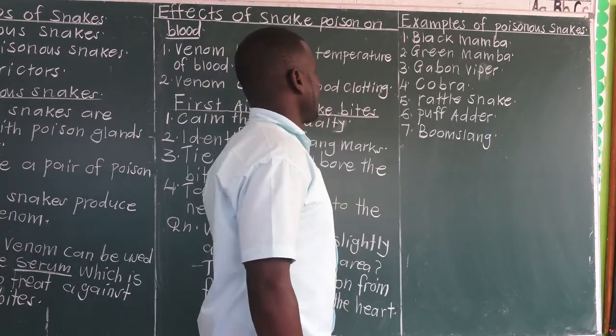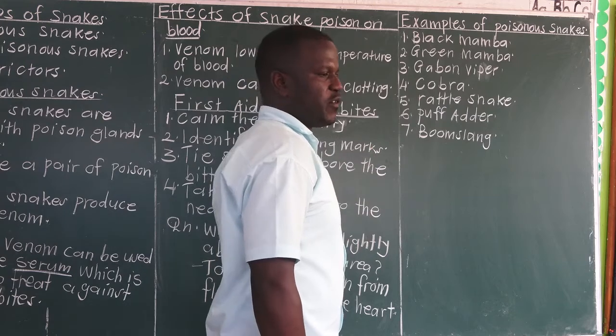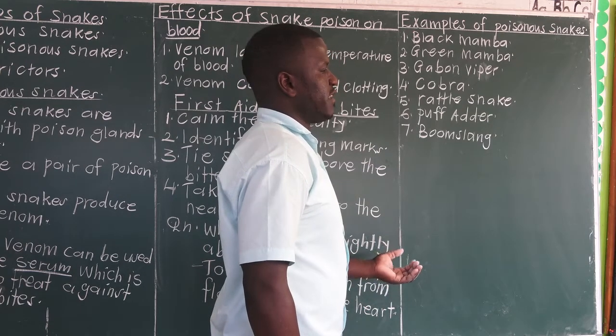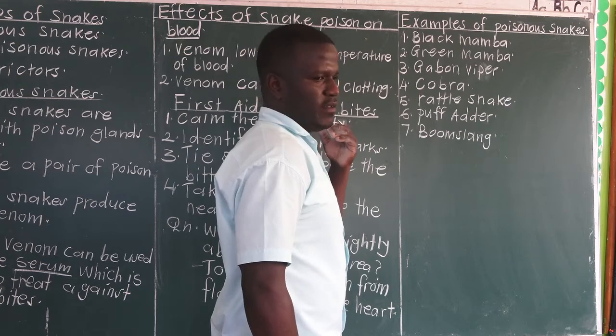Then we said poisonous snakes have poison fangs, and these poison fangs are curved backwards.